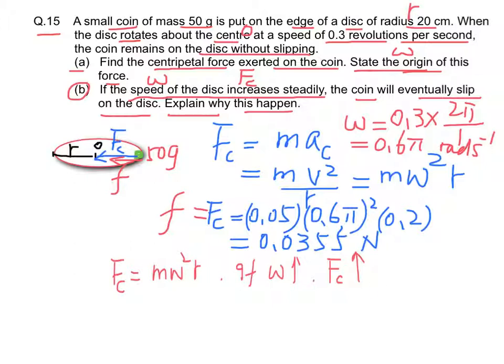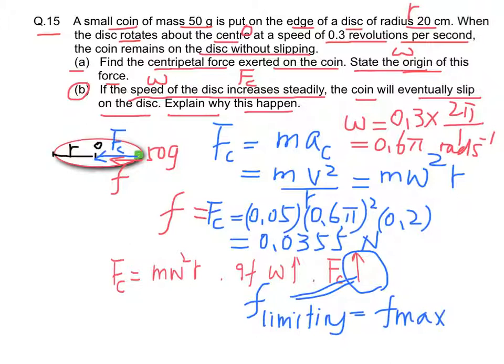Since the centrifugal force is provided by the frictional force acting on the cone by the disc, and friction has its limiting value, which means we have a maximum friction acting on the cone, if the angular speed is too large, such that the centrifugal force exceeds the limiting friction, then the cone will slip on the disc.